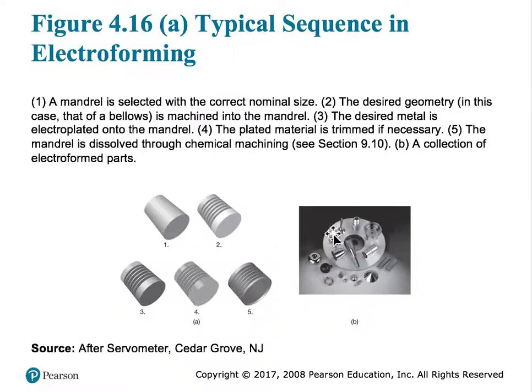So then you only end up with a final part that only has the material that is being electroplated. And common materials are like nickel and so on, nickel, copper, chromium carbide, etc.